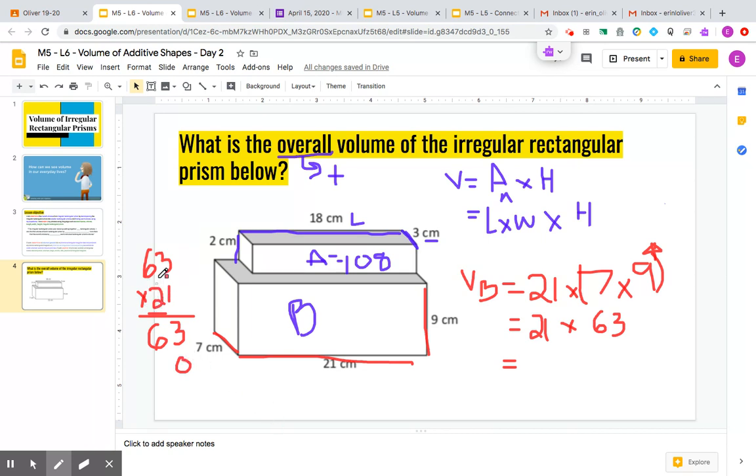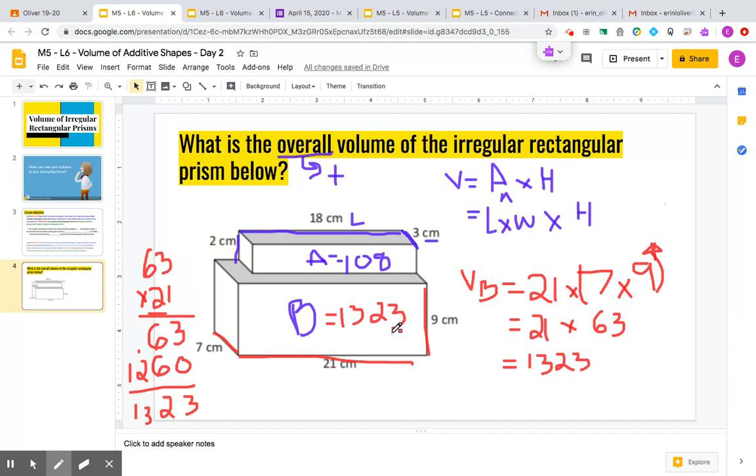So we have 2 tens times 3. 2 times 3 is 6, but remember it's in our tens place. 20 times 60, or 2 times 6, is 12, but it's going to be our hundreds place because it was a unit of 10 times a unit of 10. Okay, now let's add. 3, 12, 3, 1. That is a big volume. 1,323. Okay, we've done the volume of B and the volume of A.